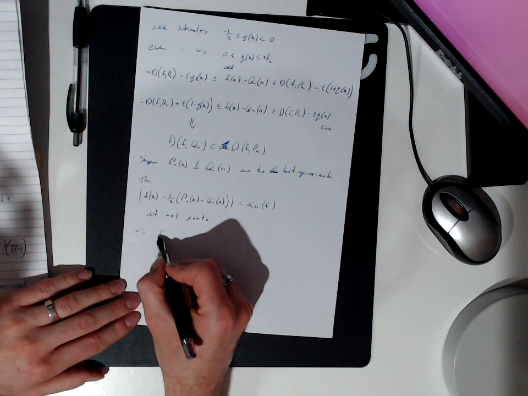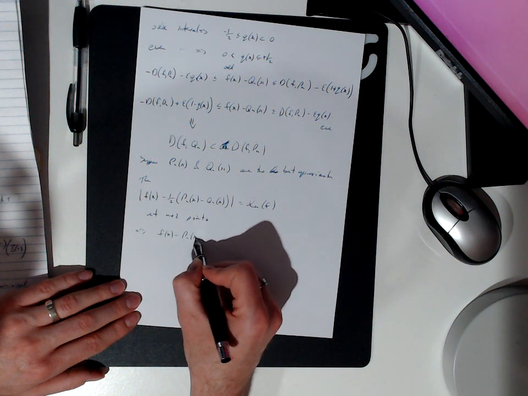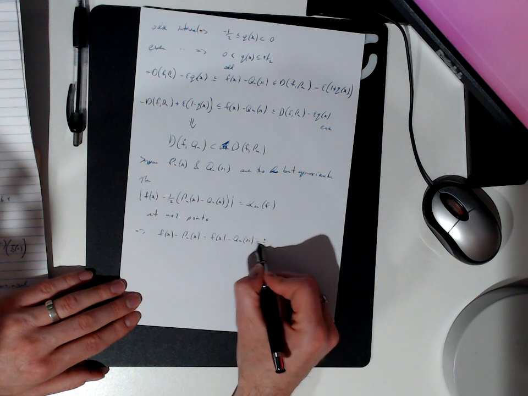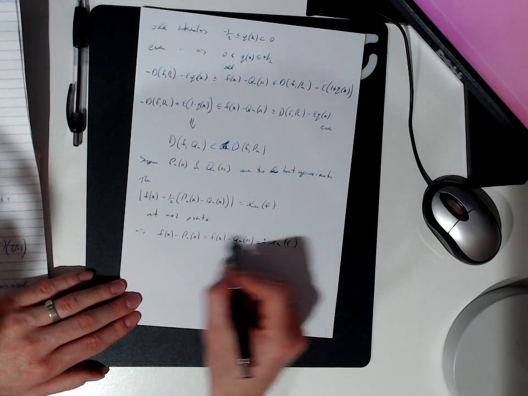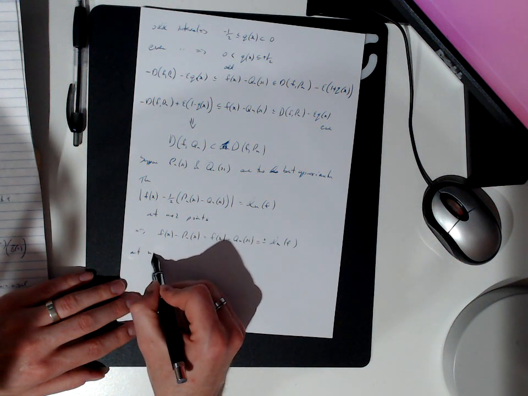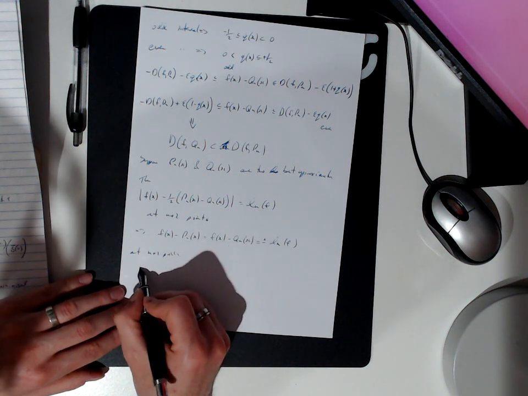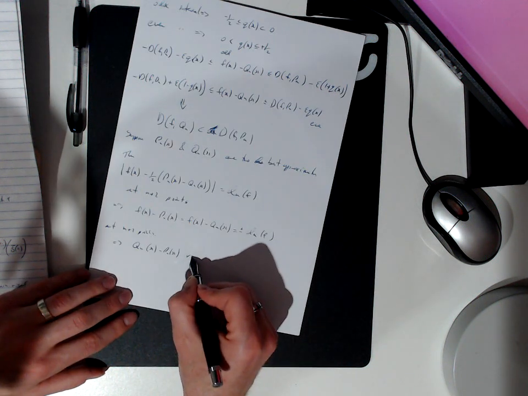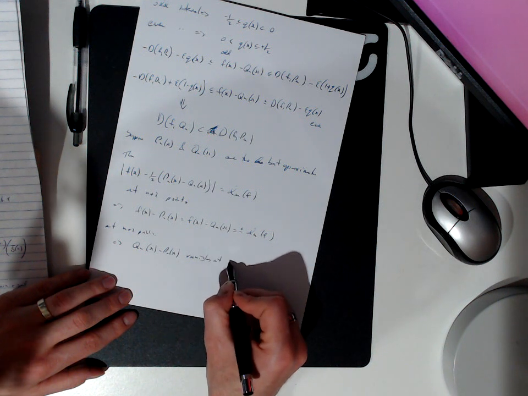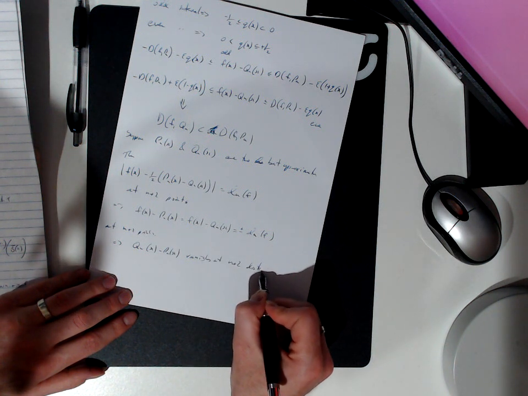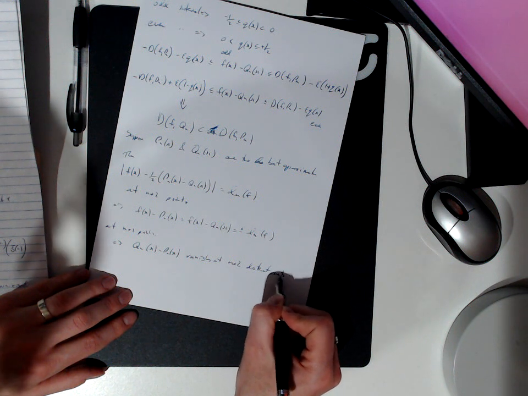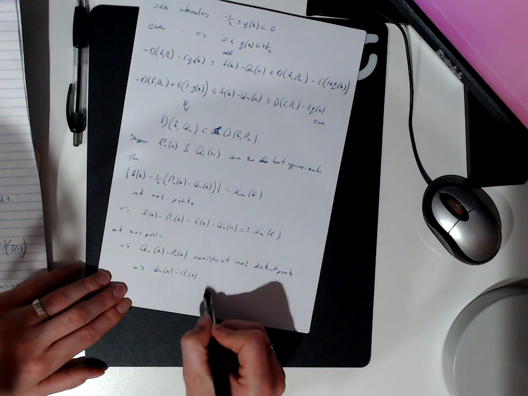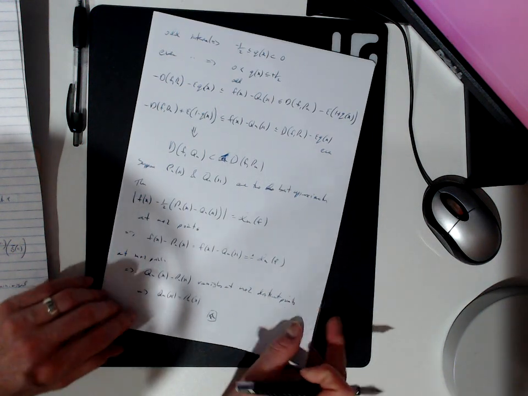And this implies that Q_n(x) minus p_n(x) vanishes at n plus 2 distinct points. And that implies that Q_n(x) is equal to p_n(x), just as it did in the previous result. And that gives us our theorem.